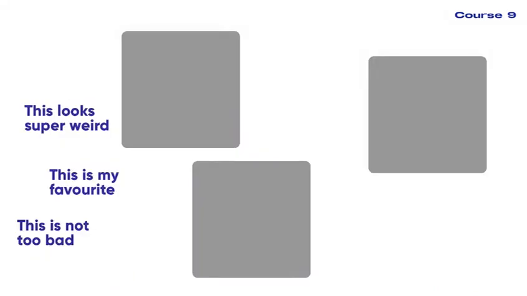So here we have three random elements in the form of squares, and each of these squares is supposed to have a text that says something about each of them. But without alignment, you can see how the elements are just flying around on this design.